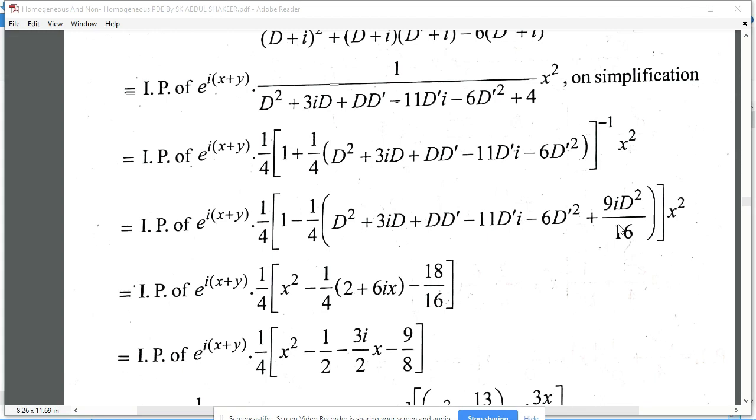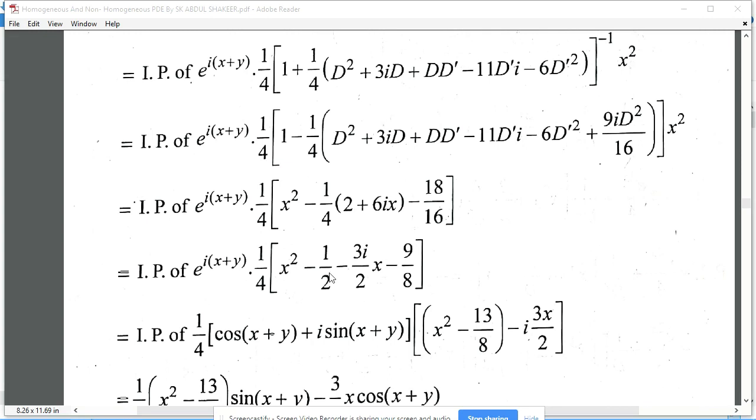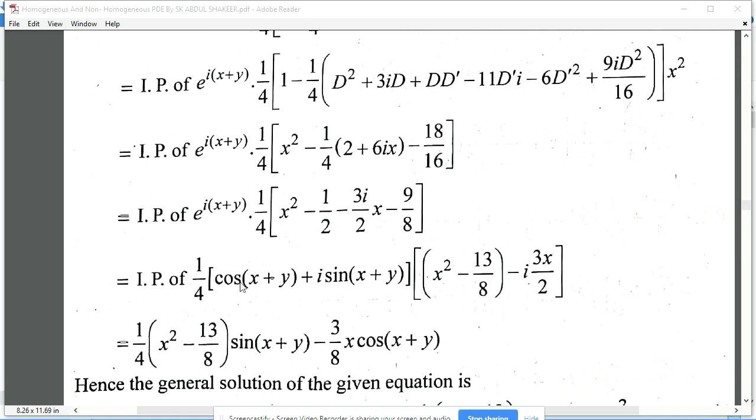So just differentiate partially each term, and then at the end, we have to write e power i(x plus y) in terms of this function, that is cos of (x plus y) plus i into sin of (x plus y).